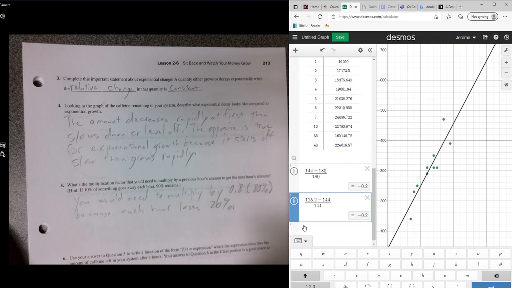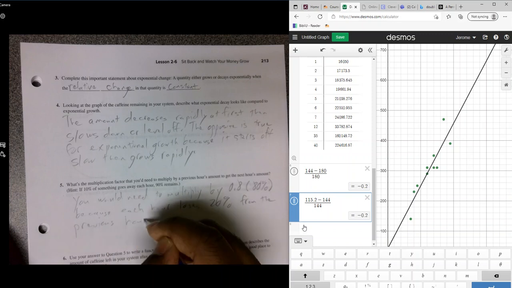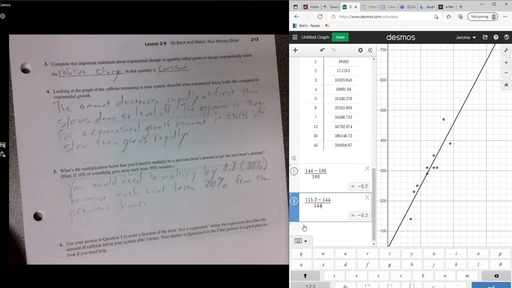Now, number 6, it says use your answer to question 5 to write a function of the form f of x equals the expression, where the expression describes the amount of caffeine left in your system after x hours. Your answer to question 6 in the class portion is a good place to look if you need help. Okay, listen. F of x, we know we start off with 180.